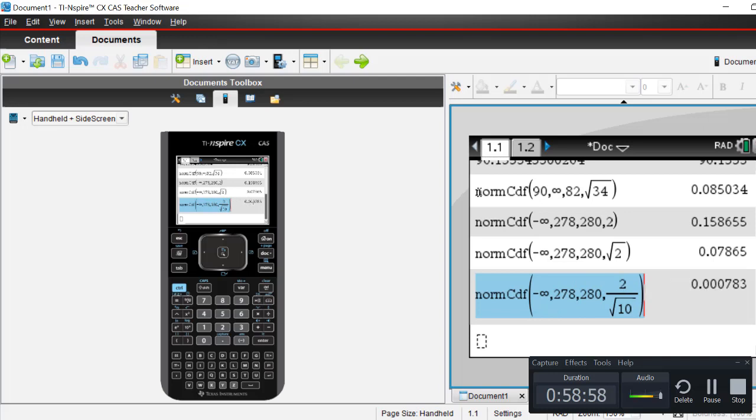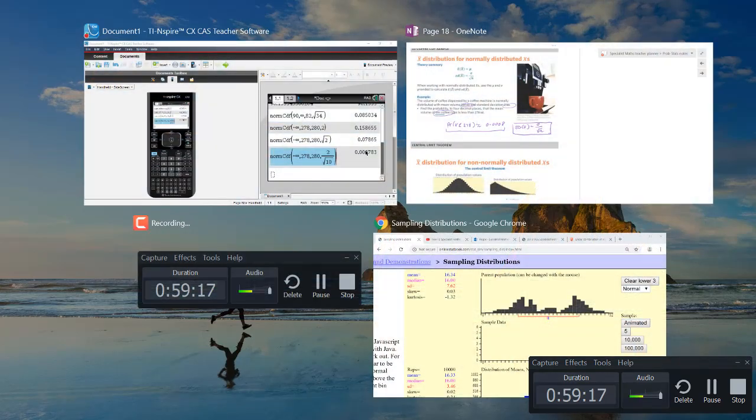Okay, so as you can see, what has changed? Negative infinity, the lower bound? No. 278? No, that's the upper bound. The mean of 280 hasn't changed. The population mean hasn't changed, but increasing the sample size has changed, so clearly that has changed a lot.